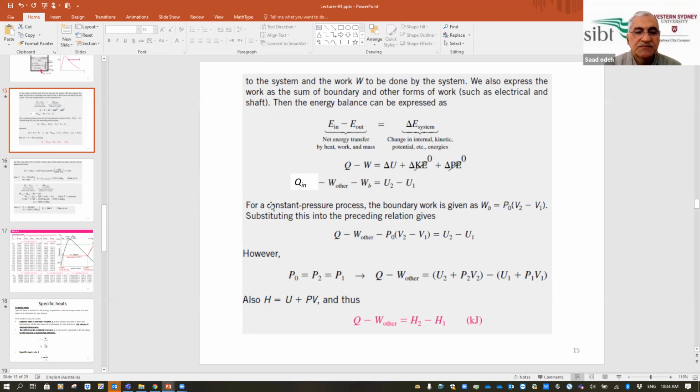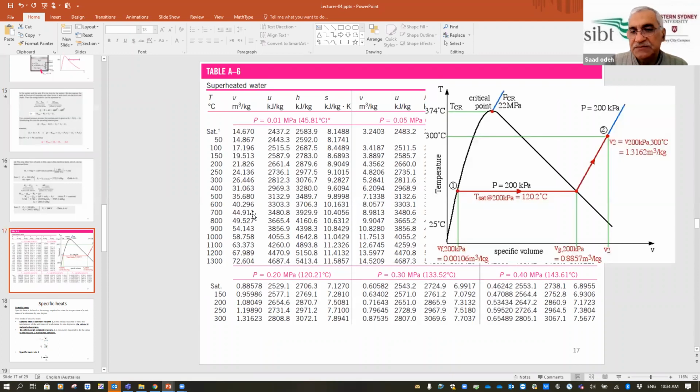We solved a few questions, but the major point we were focusing on is that in a closed system we use delta U, the internal energy, values that we can find, for example, from the property tables, such as the steam tables.